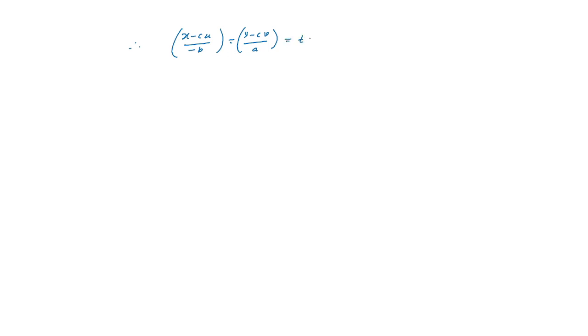So we consider it as t, where t is an integer, t belongs to Z. That implies x minus cu equals minus bt and y minus cv equals at, so x equals cu minus bt and y equals cv plus at, where t is an integer.